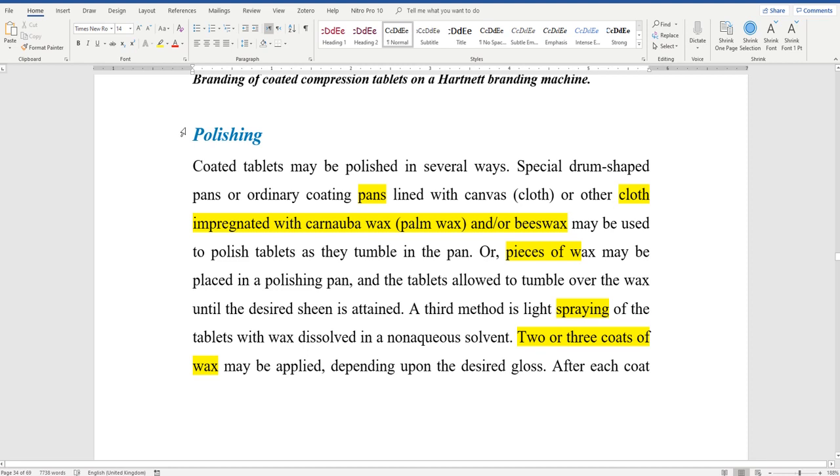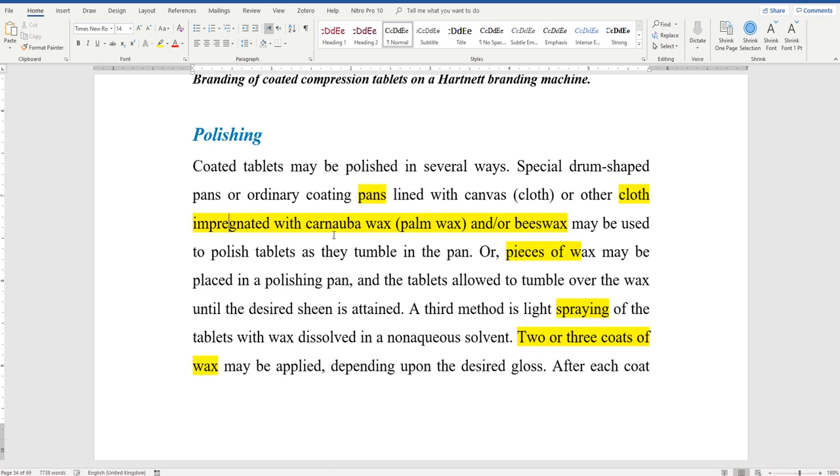Now, polishing is done in one of three ways. You can use the same coating pan, but this coating pan will be lined with canvas or cloth, and this cloth is impregnated, meaning soaked. First you soak the cloth that is lining the coating pan with a wax.